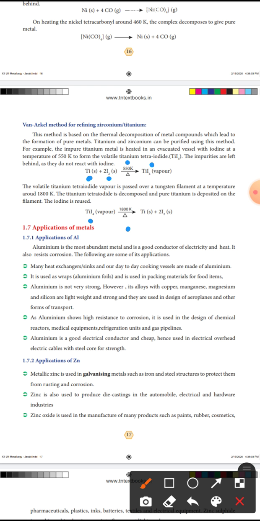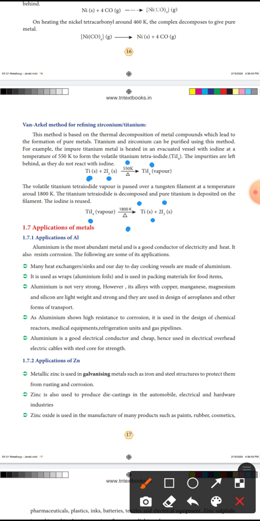The titanium tetraiodide is decomposed to titanium and iodine. The titanium is deposited on the tungsten filament, and the iodine is reused.